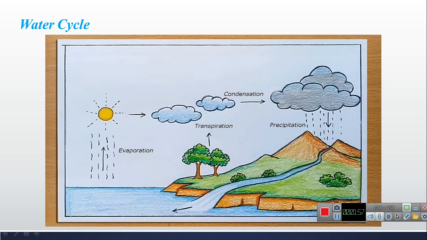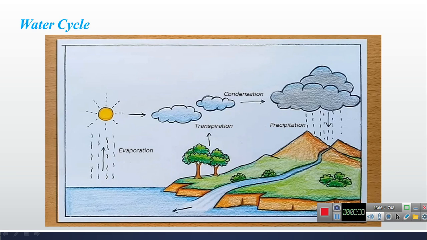The gas goes up to the sky, or we can say the atmosphere, and we call it water vapor. Then it goes up high in the atmosphere, where the condition is cold, and the water vapor forms into clouds.